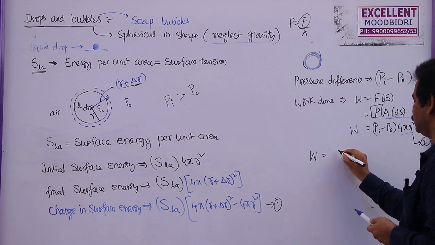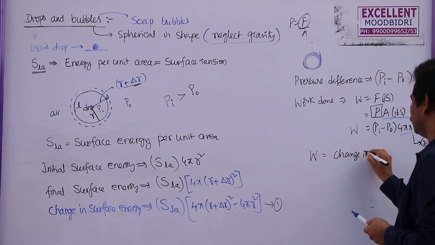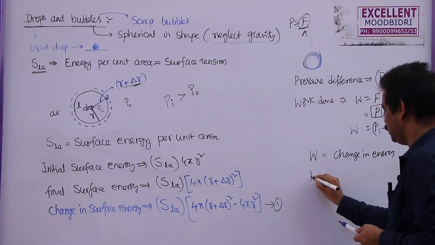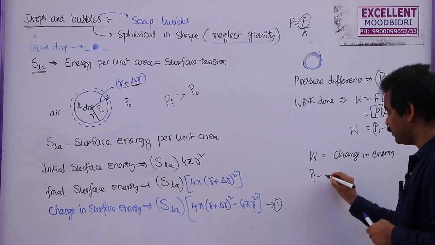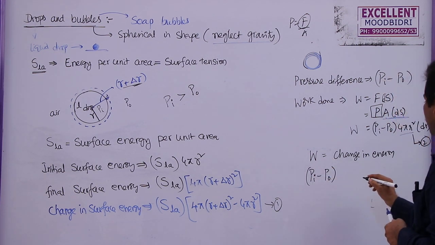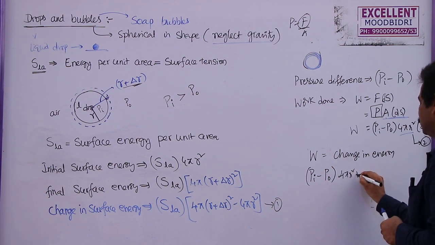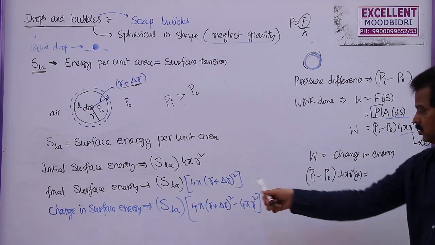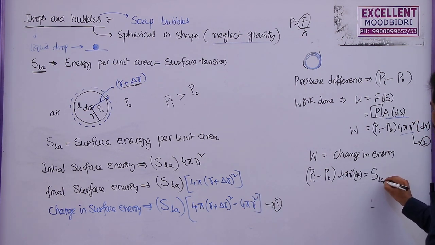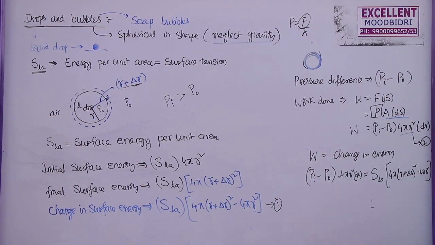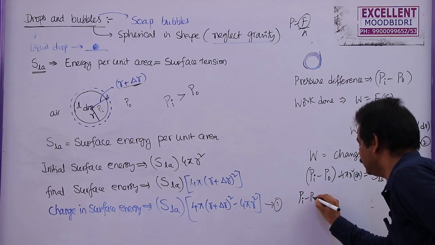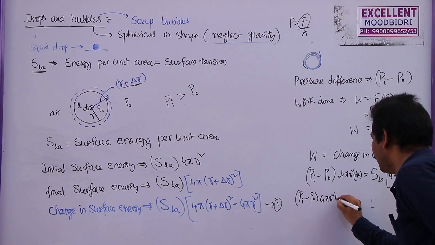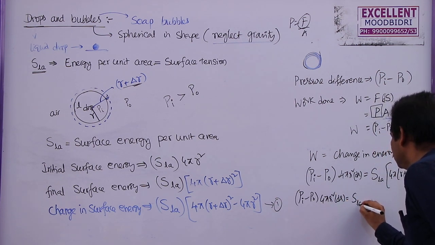From equations 1 and 2 we can write (P_I minus P_O), the internal pressure of the drop minus the external pressure, into 4 pi r square into dr is equal to S_LA into [4 pi (r plus dr) whole square minus 4 pi r square].